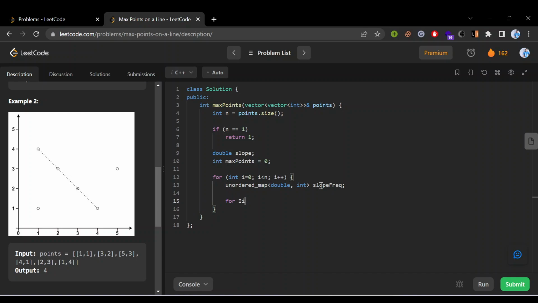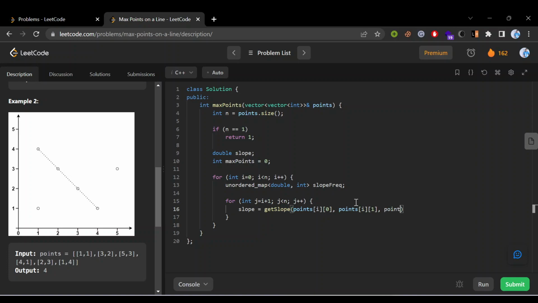Now I will start iterating over the remaining points after this ith point. So that is j is equal to i plus 1, j is less than n, j plus plus. Now I'll be calculating slope. So slope is equal to get slope of these points: points of ith value, 0th, that is my x, and points of ith value, that is 1, that is my y.